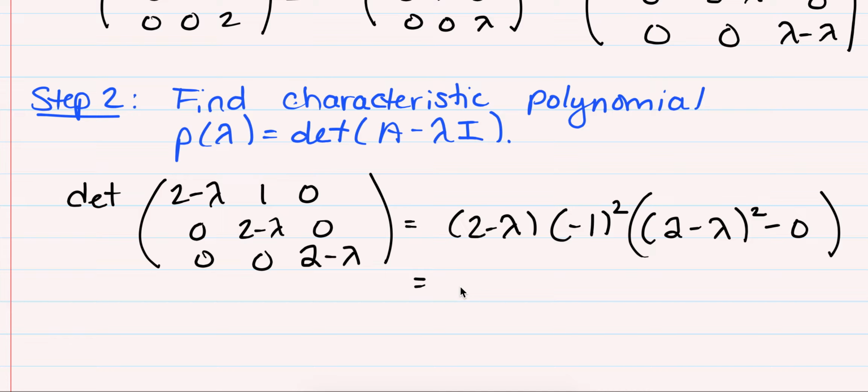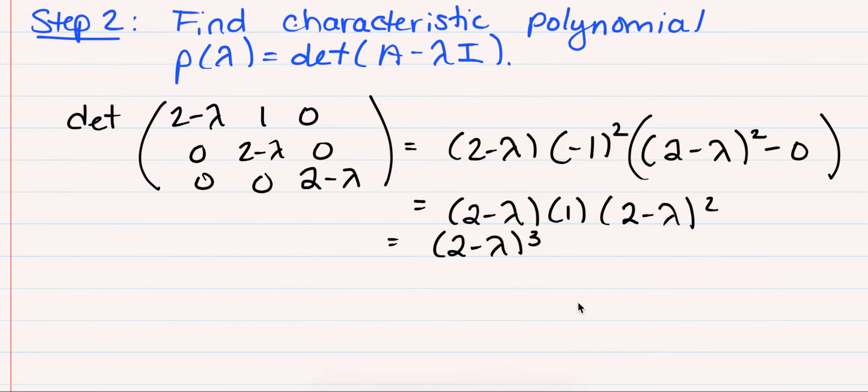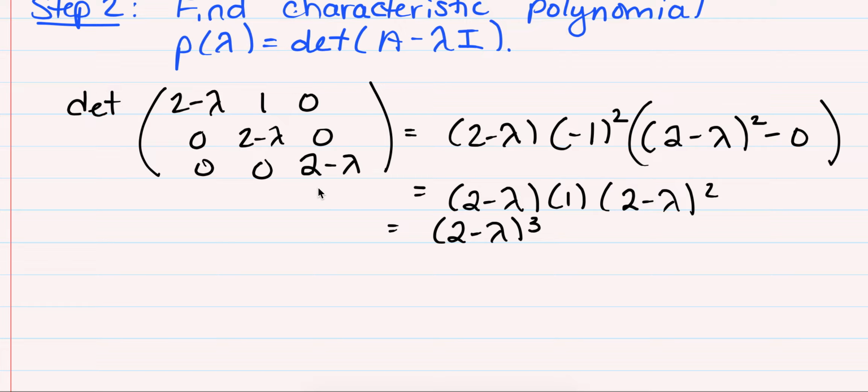So if we simplify this, this is 2 minus lambda times 1 times 2 minus lambda squared, which is just 2 minus lambda cubed. So our characteristic polynomial is 2 minus lambda cubed.